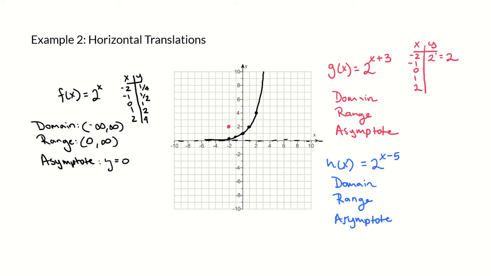If we plug in -1, we get 2 to the 2, which is 4. So -1, 4. And if we plug in 0, we get 2 to the 3, which is 8.